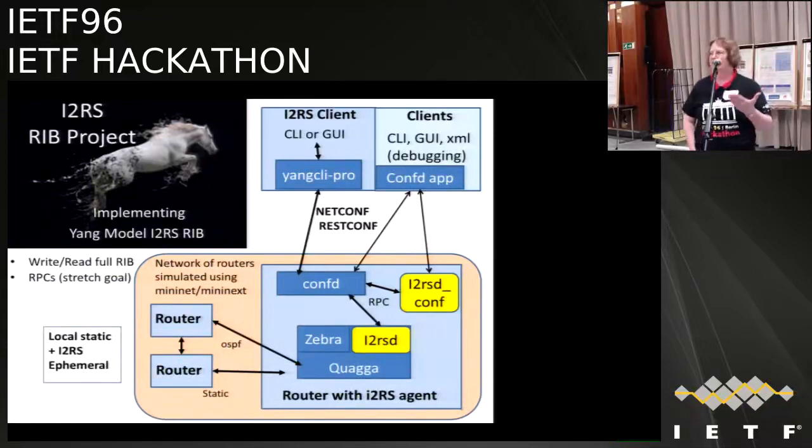By the way, ConfD was generously part of the Cisco DevNet that's helping foster NetConf and RESTCONF. And we're trying to get to a Quagga daemon with a new Quagga daemon called R2SD that can be rolled into Quagga.